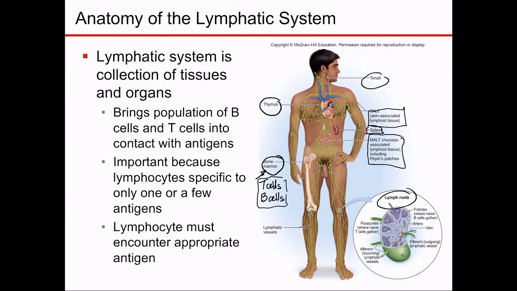They will be generated there, but while the B cells mature in the bone marrow, the T cells have to be taken to the thymus in order to mature. And that's where the name of T cell comes from, thymus, and B cells comes from bone marrow, the places where these cells mature.